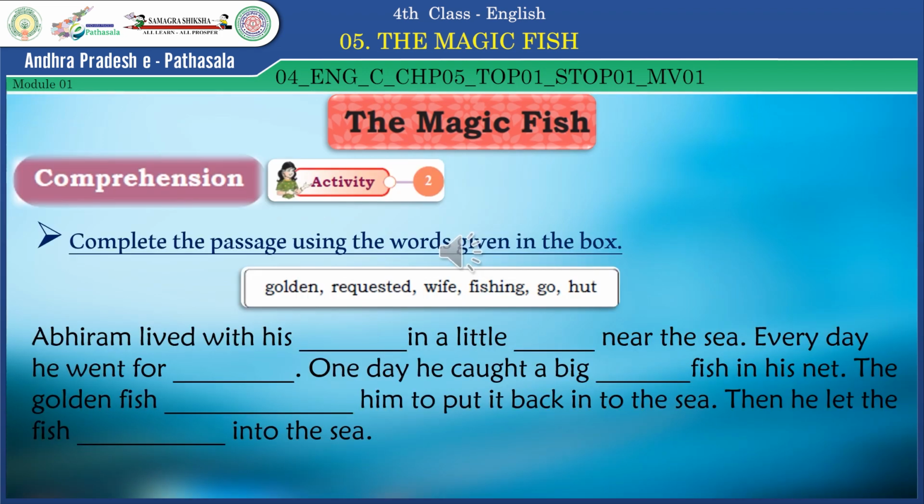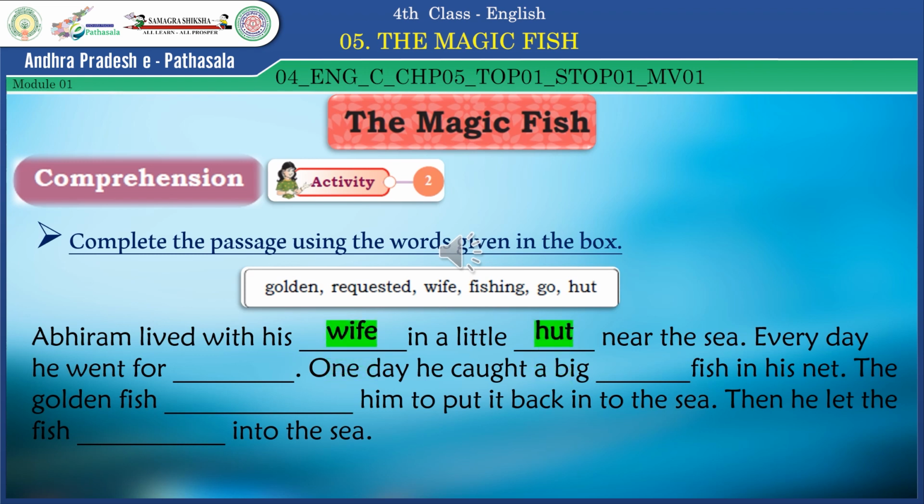Children, complete the passage using the words given in the box. The words are golden, requested, wife, fishing, go, and hurt. Abhiram lived with his wife in a little hut near the sea.